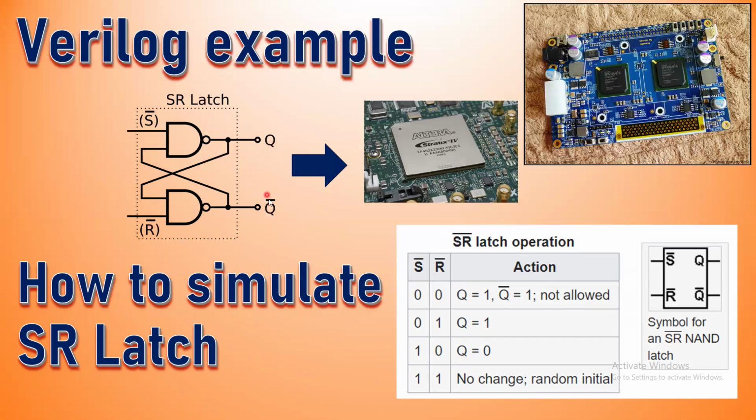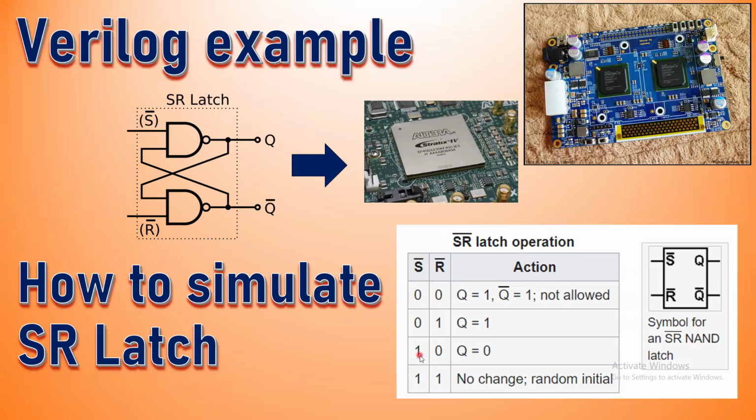So obviously 1, 0 is a perfect combination. When Q is equal to 1, Q bar is equal to 0. And for this case, we say the output of the flip-flop is set to 1. So the output logic 1 is latched, or logic 1 is latched in the output of the flip-flop.